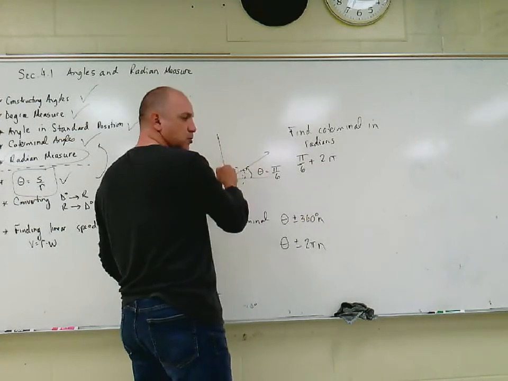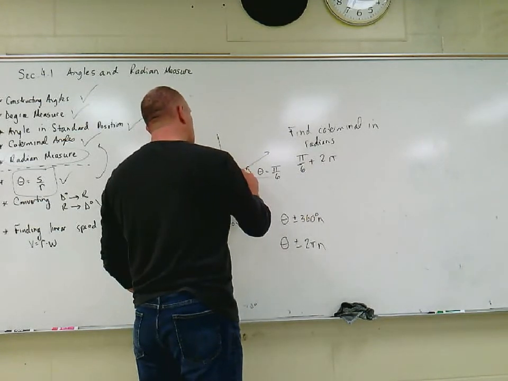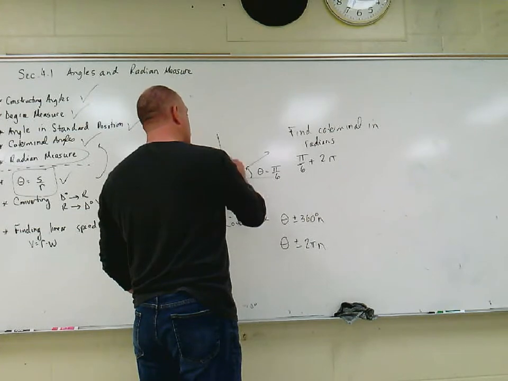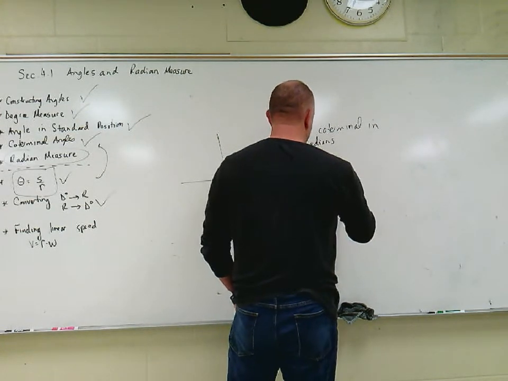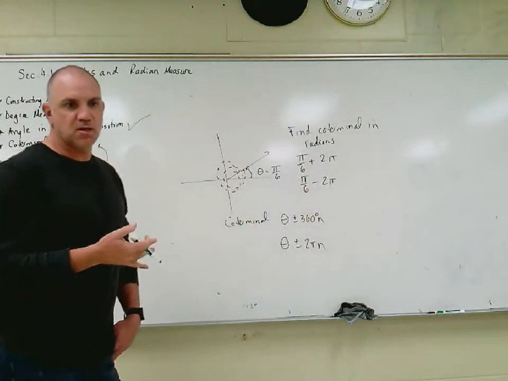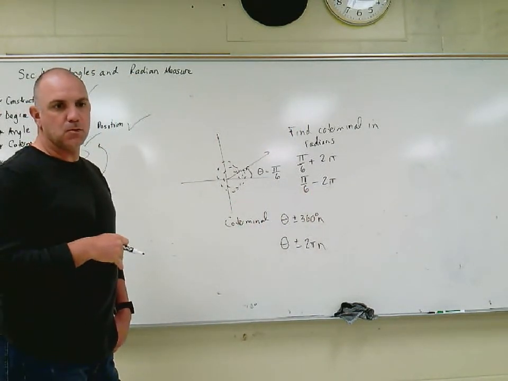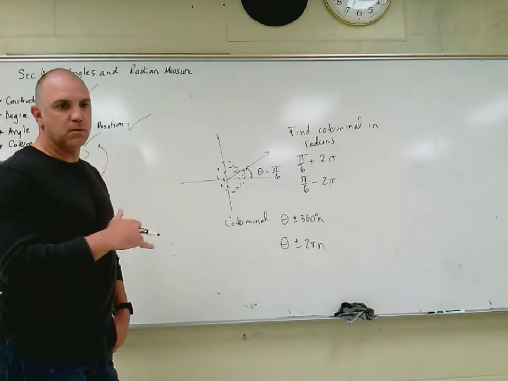That will add a revolution this way, or I can go a revolution back. I can take pi over 6 and subtract 2 pi. And if I do that work, it should give me one positive and one negative coterminal angle.